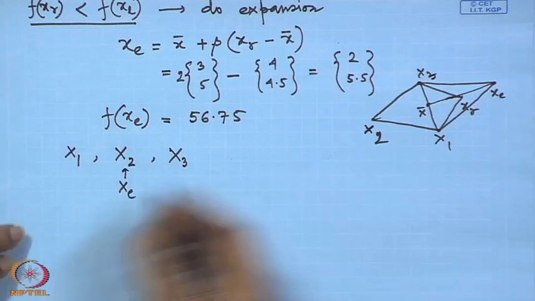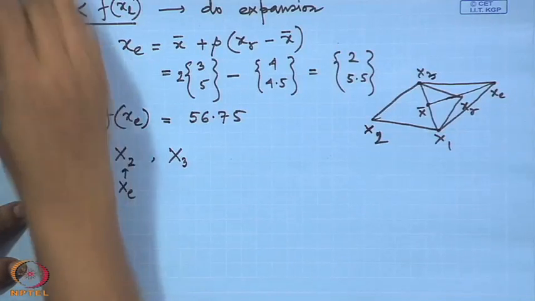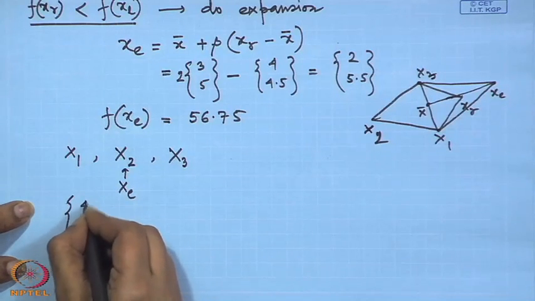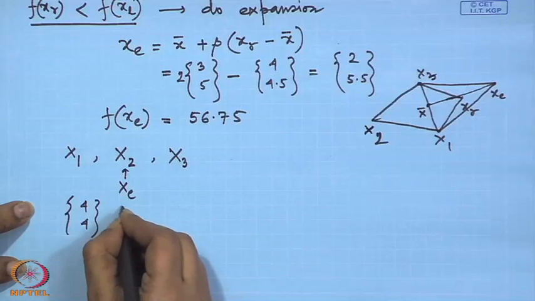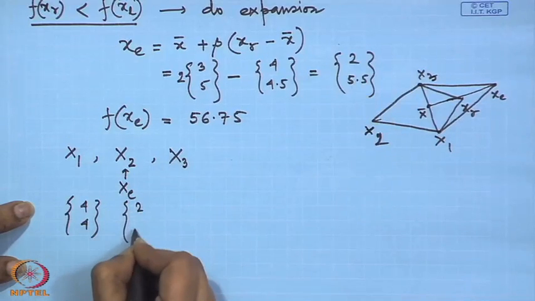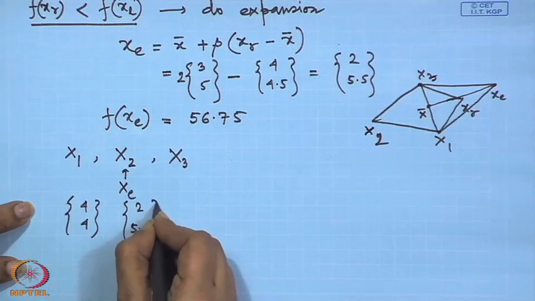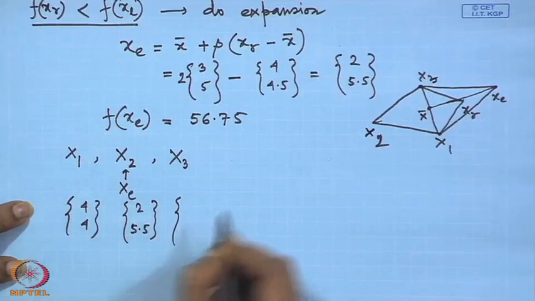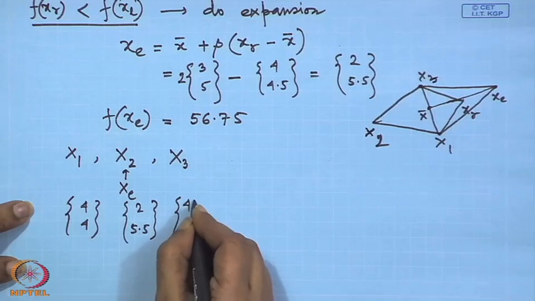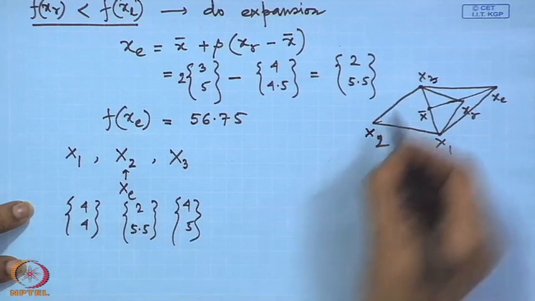In the new simplex we will have x1 that was (4, 4), xc is my new one (2, 5.5), and x3 will be the previous x3. Now, this is my new simplex.